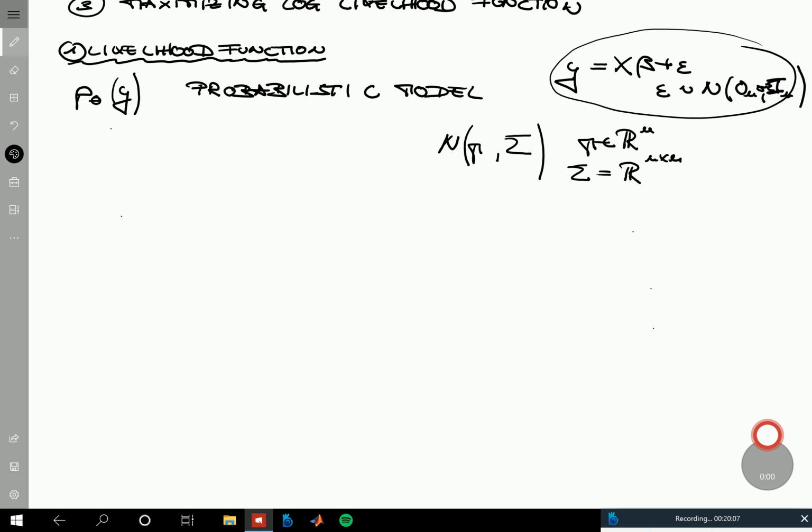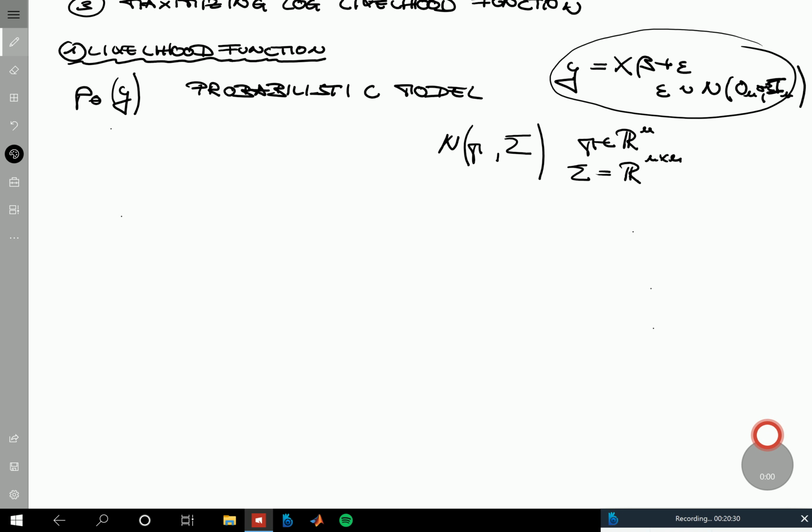And now for the case of the GLM, what are mu and sigma? Mu is the design matrix times beta. And the covariance matrix? The errors.